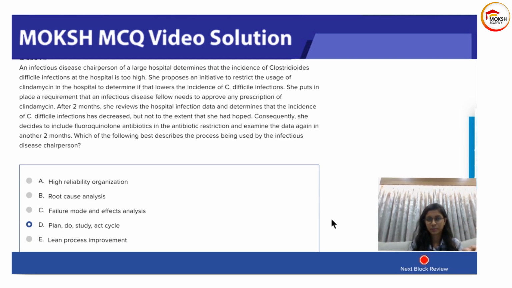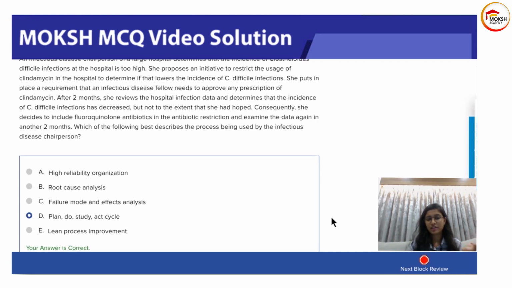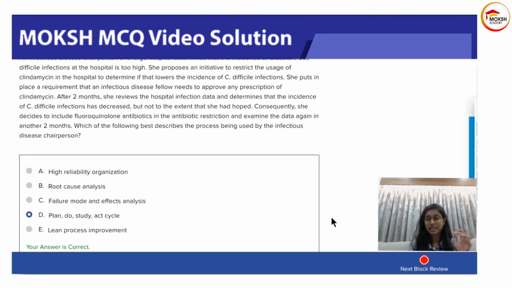Make sense? High reliability organizations. As the name implies, these are the organizations that actually have a very low failure rate. They have been working for a period of time, years maybe, but they have a very low failure rate.